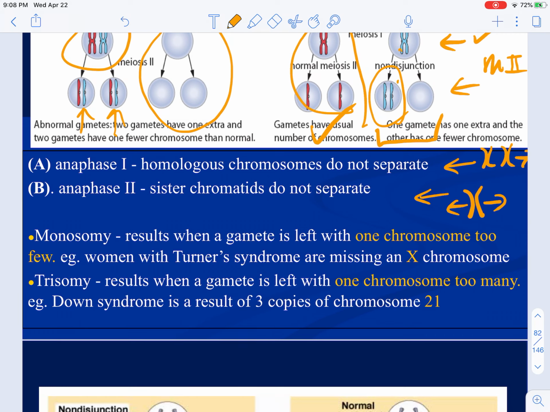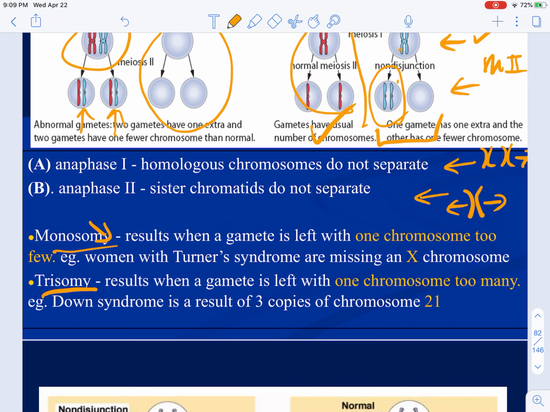Okay? And what happens is you end up sometimes with a resulting new little zygote that has, instead of 2 of everything, some chromosome that is called monosomy, that has 1 of that chromosome number because of some problem that happened in meiosis, and the gamete that ended up being fertilized had a missing chromosome.